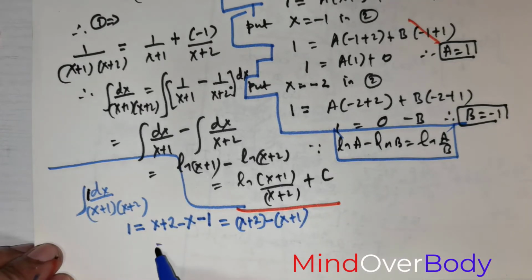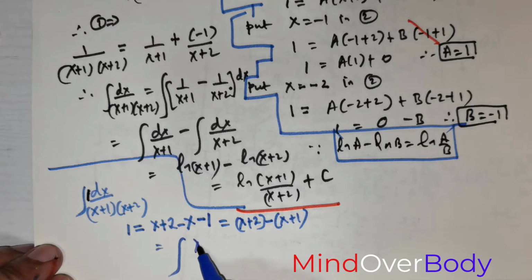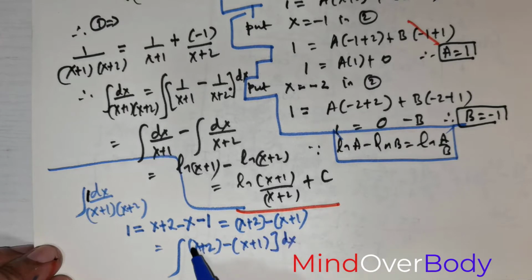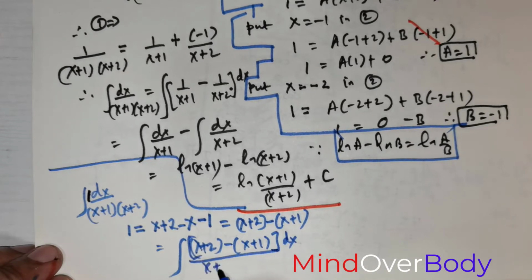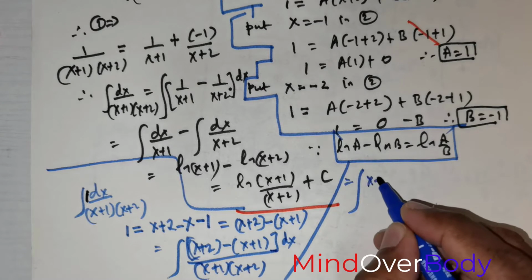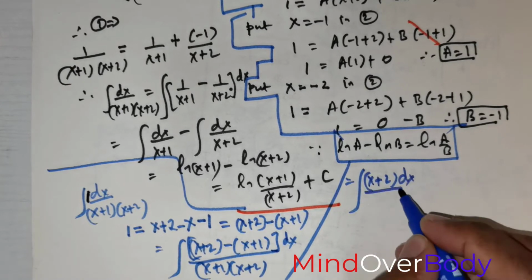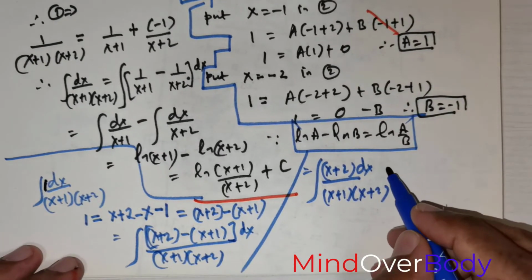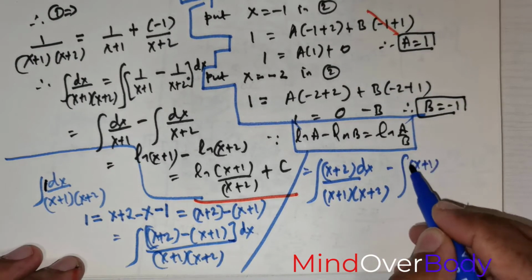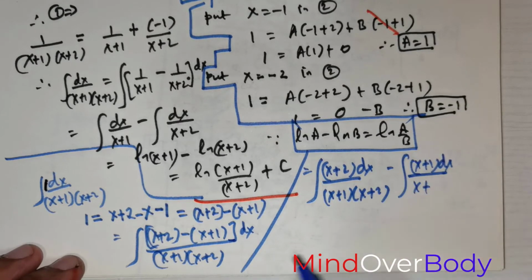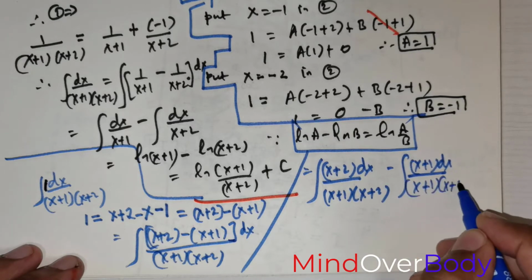So in place of 1, I can rewrite ((x+2) minus (x+1)) dx divided by (x+1)(x+2). Now this can be rewritten as the integral of (x+2) dx over (x+1)(x+2), and there is a negative sign, minus (x+1) dx over (x+1)(x+2).